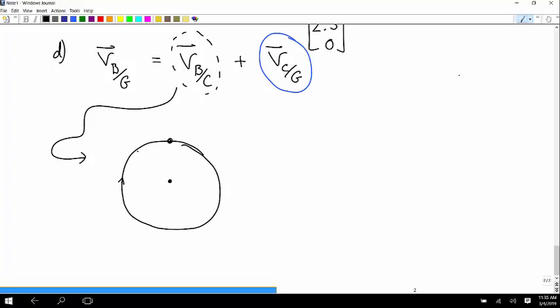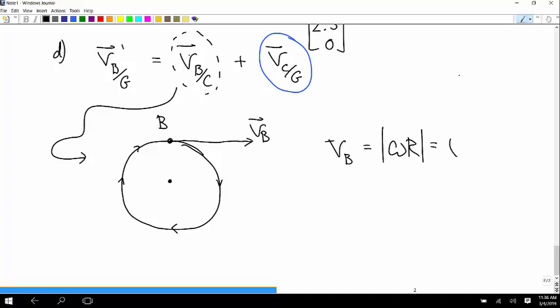Okay, so we have this thing moving clockwise. If we assume that C is fixed and we just use circular motion equations to calculate what B is doing around that fixed center, what direction is the velocity vector? To the left or the right? The right. And so the speed of that point B, using the circular motion equations, is omega r.